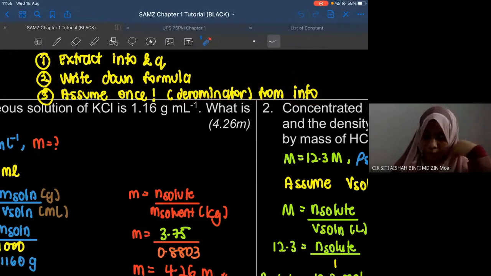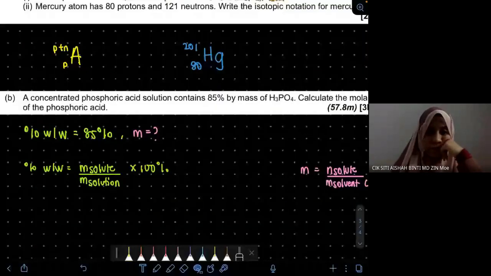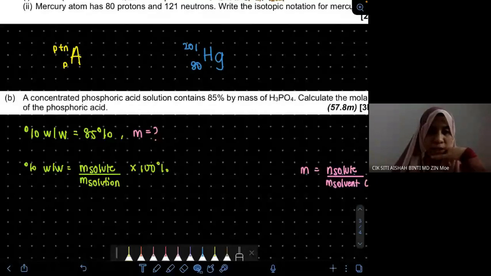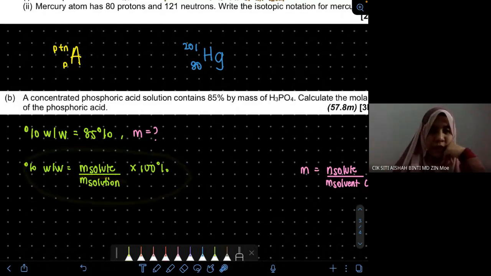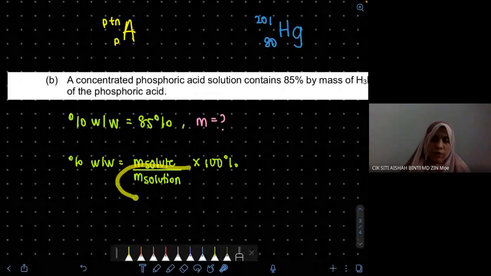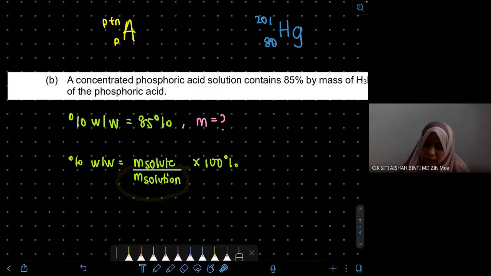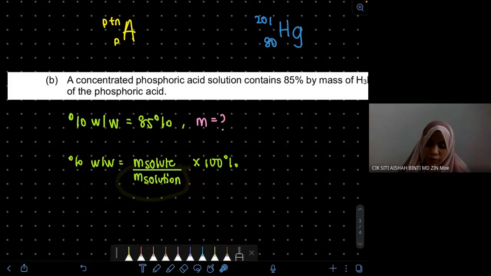So when we look back at the question itself, we only have one information, and we can assume only one from the denominator. So what we are going to assume is the mass of solution. There are only 3 things that we can assume.